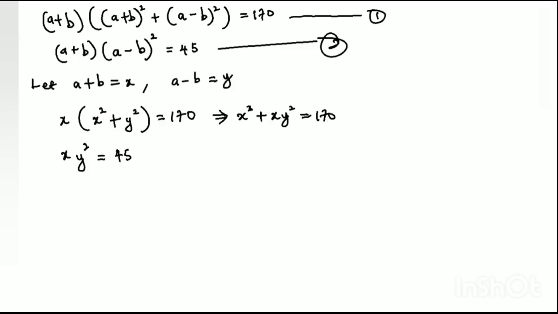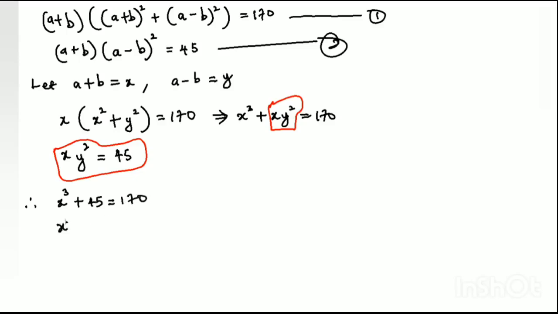But what do you observe here? I'm observing xy squared here, and still xy squared to mean 45. So I can now plug in this value in here. That is, I'll have that x to the power of 3 plus xy squared, which means 45, so I'll put down 45 here, then equal to 170.